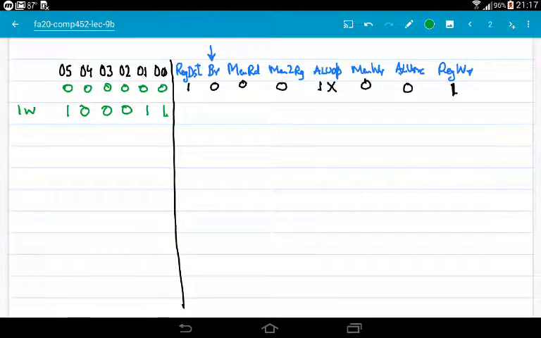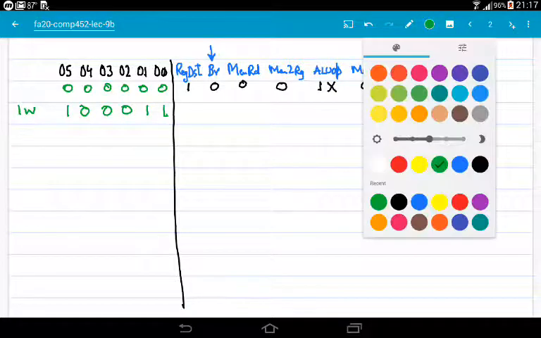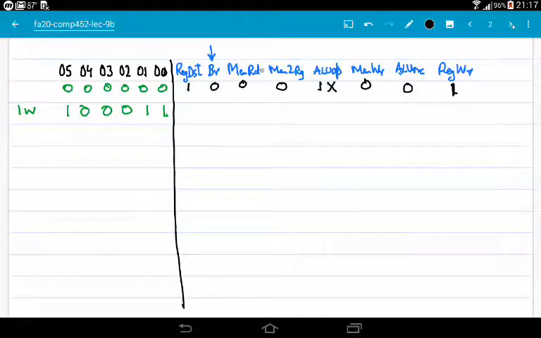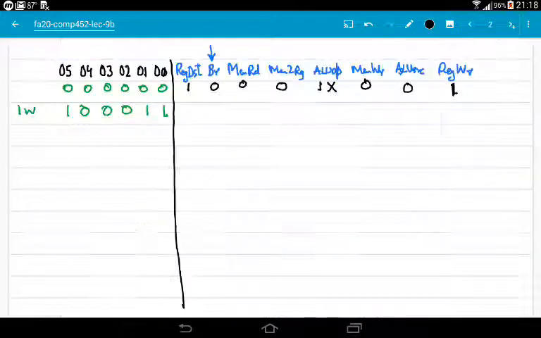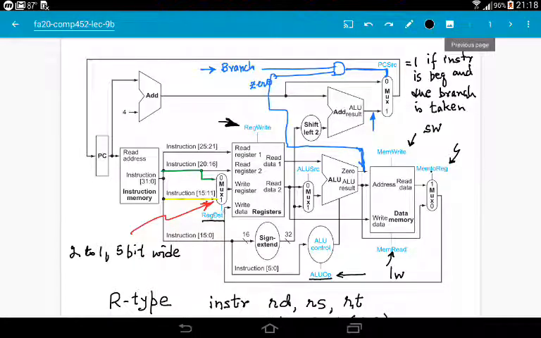Okay. Now let's see what should be the values of these blue signals for load word instructions. So in load word, reg DST. Look, this is reg DST.